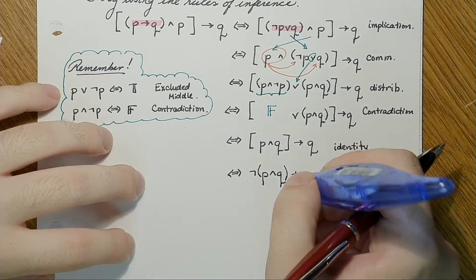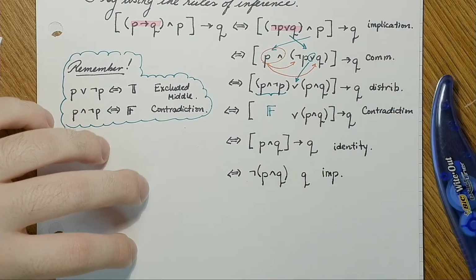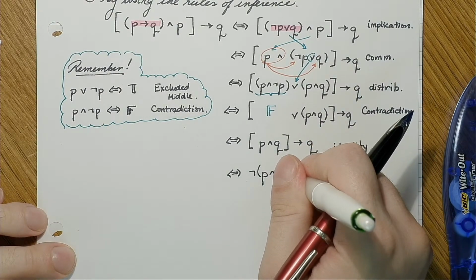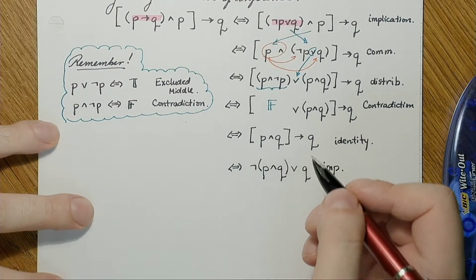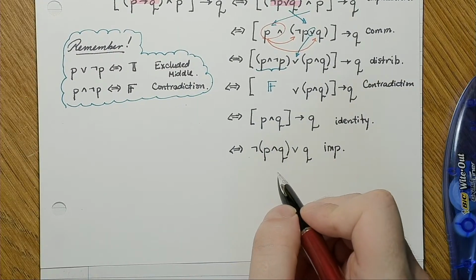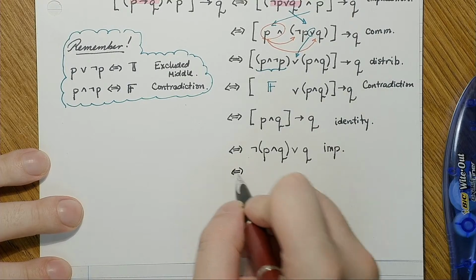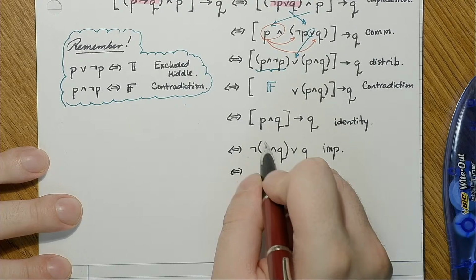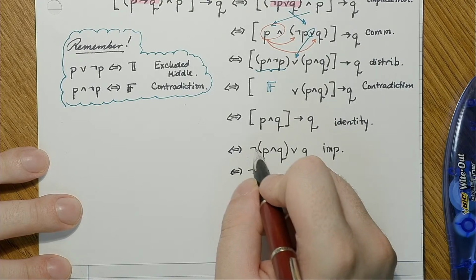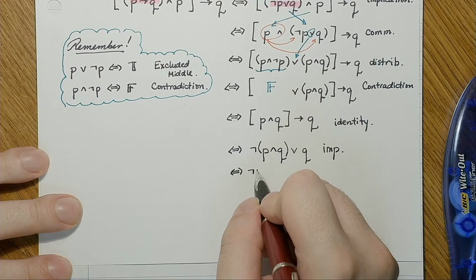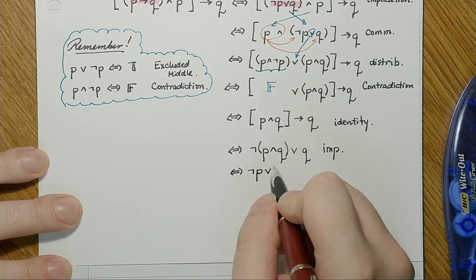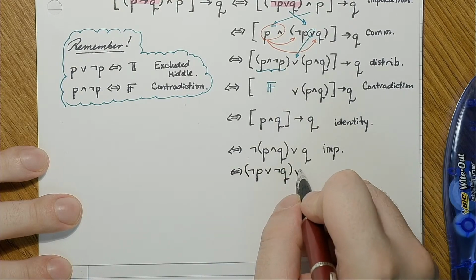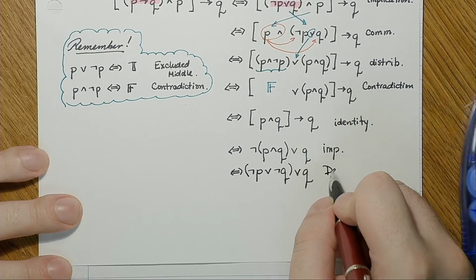Oh, and of course I've got to write that down. There we go. We can't shift these brackets yet, so I'll use my De Morgan. I apply the negation to the P, so it's not P. The and switches to an or, and then not Q. There's my brackets. So this is De Morgan.